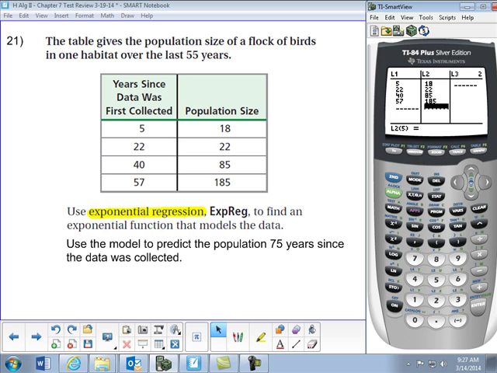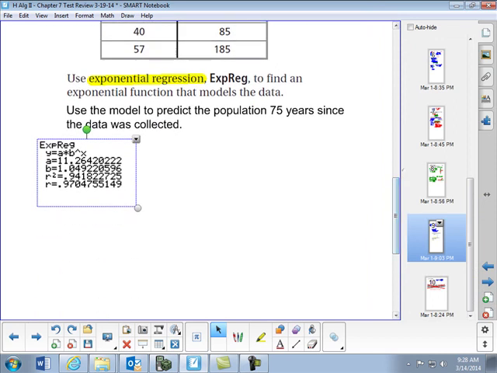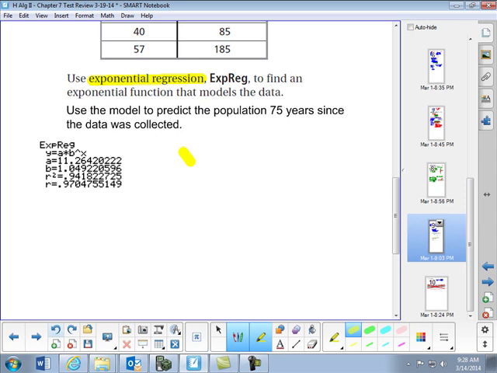Okay, so once you enter your data, we're going to go to Stat, Calc, and this one wants an exponential regression, so I'm going to go to 0 or 10, which is exponential regression, enter, enter. And the exponential model says it's y equals a times b to the x power.